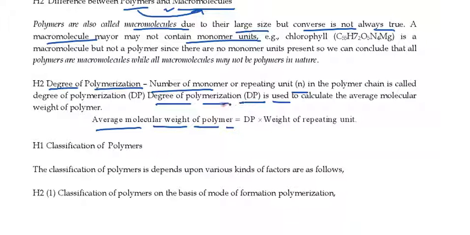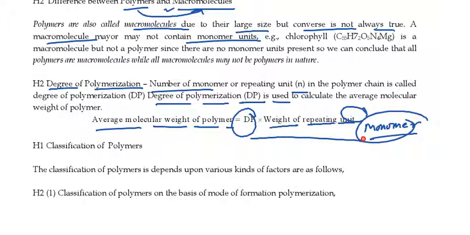You take the number of monomer units and the molecular mass of one monomer unit. When you multiply both, you get the average molecular weight of the polymer. Suppose the degree of polymerization is 5, and the monomer's average weight is approximately 50 gram.